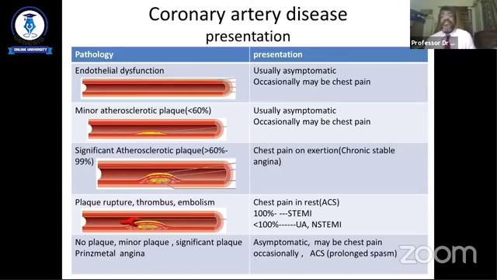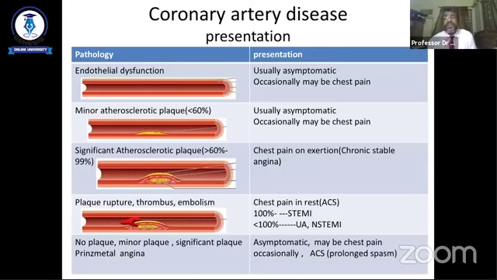That leads to the development of non-ST elevated MI.